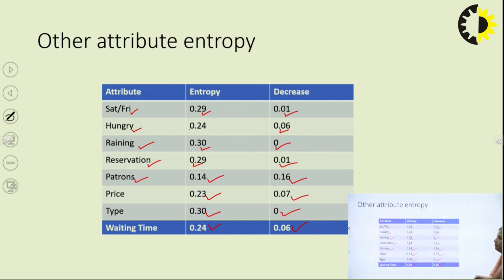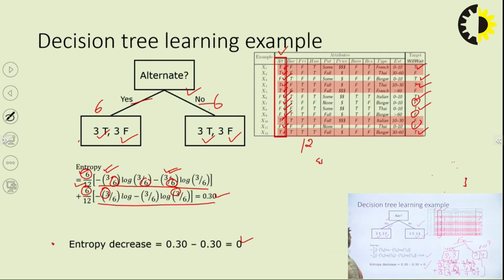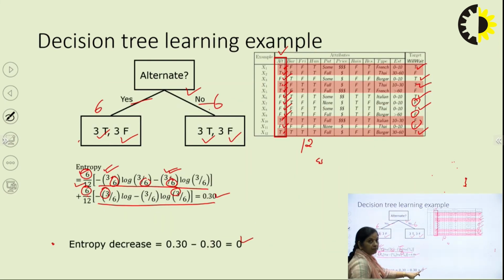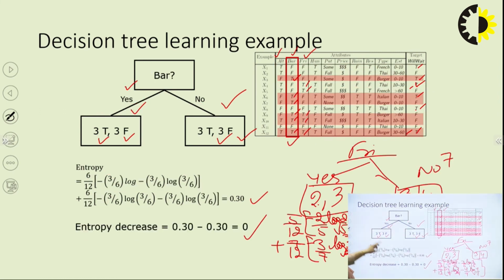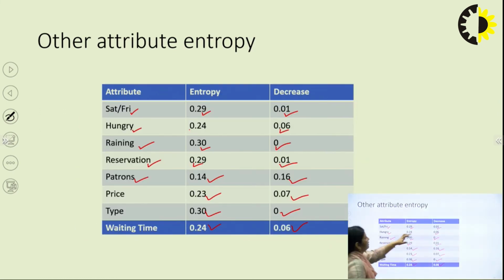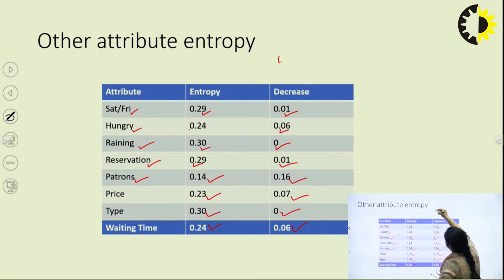So now we are having the full table. What is this full table showing? The first two attributes we have shown on the previous slides, for which the entropy decrease is 0 and 0, and then we are having these others: 0.01, 0.06, 0, 0.01, 0.16, 0.07, 0 and 0.06. So from all these, what we will see is the largest entropy decrease.